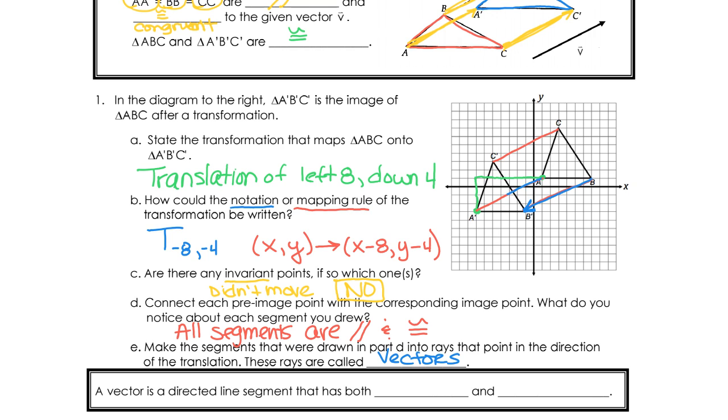Okay, we slid A to A prime in this direction, and we slid C to C prime in this direction. And now those line segments became looking like rays with the arrow, but in a translation, they're not really rays. They don't go on forever and ever. They're just pointing in the direction that you slid. Okay, and that makes them vectors.